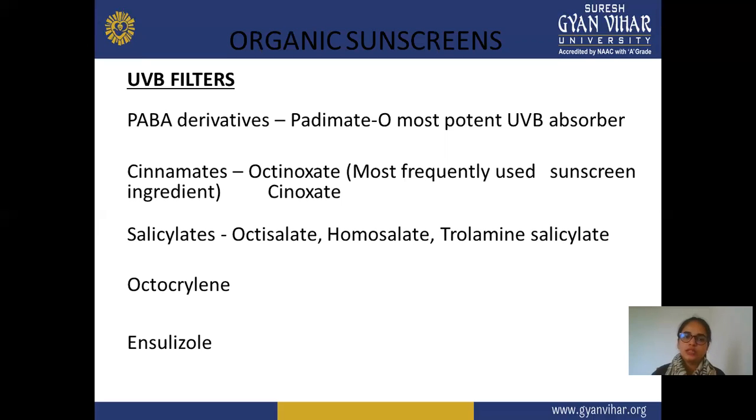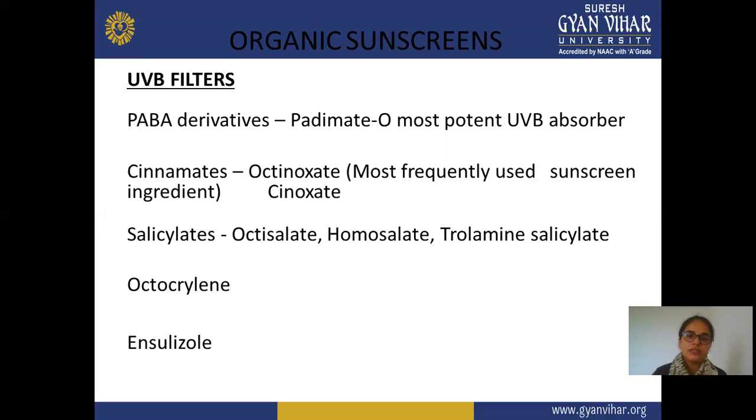Organic sunscreen is mainly for UVB filters and PABA derivatives. PABA, para-aminobenzoic acid derivative, is the most potent UVB absorber. This is a largely and commonly used sunscreen for UVB filtering.